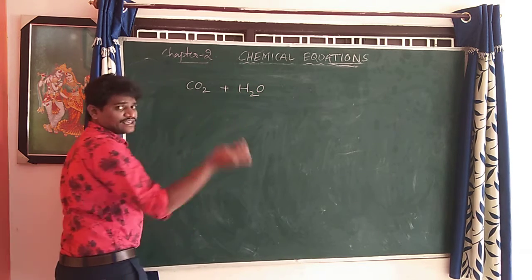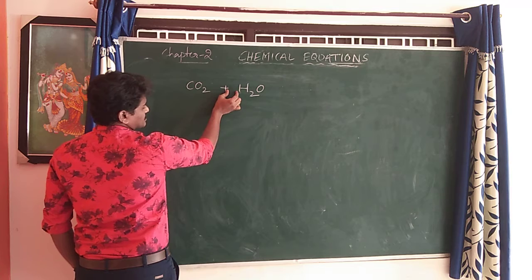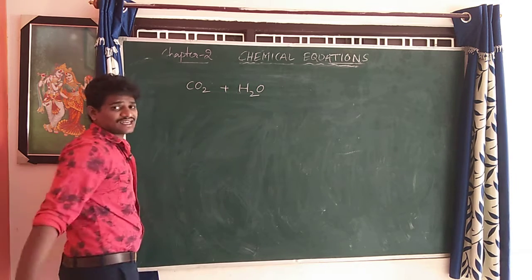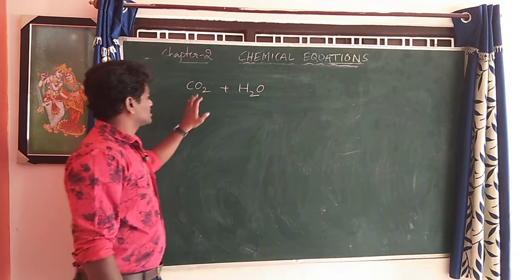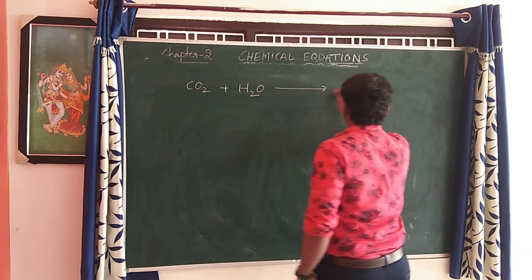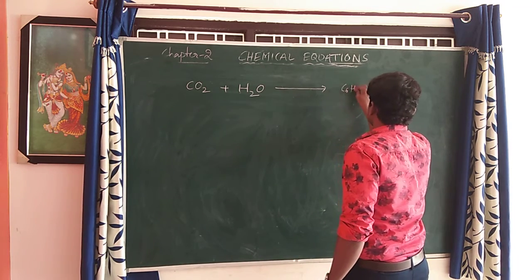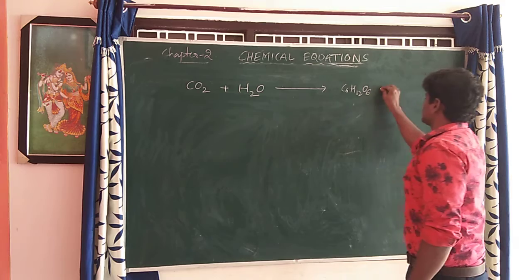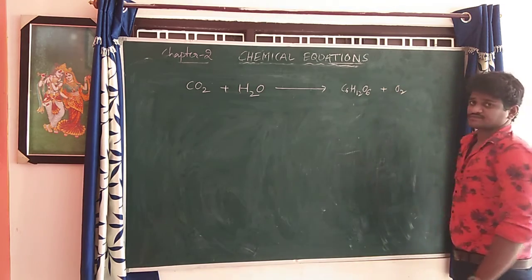While writing the equation, give some space to balance it. So carbon dioxide plus H2O gives C6H12O6 plus oxygen.